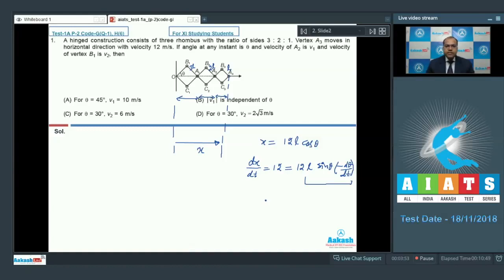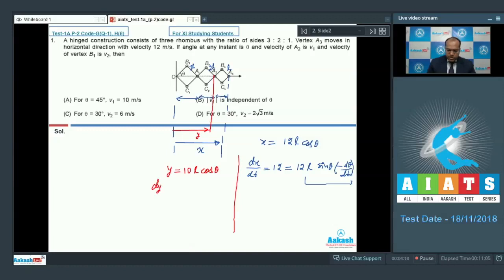Now in the given option A, it is given that when theta is equal to 45 degree, the value of v1 is 10 meter per second. So v1 represents the velocity of the vertex A2. So suppose this separation is y, then this y is equal to 10L cos theta.